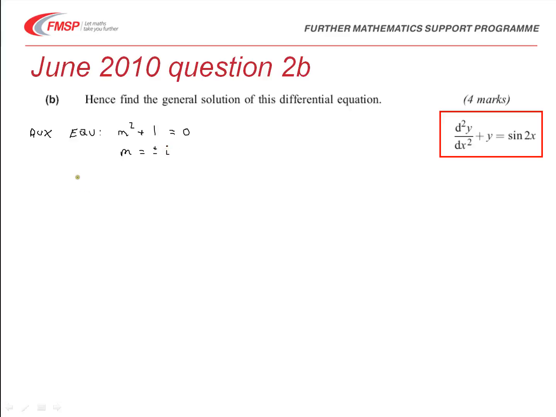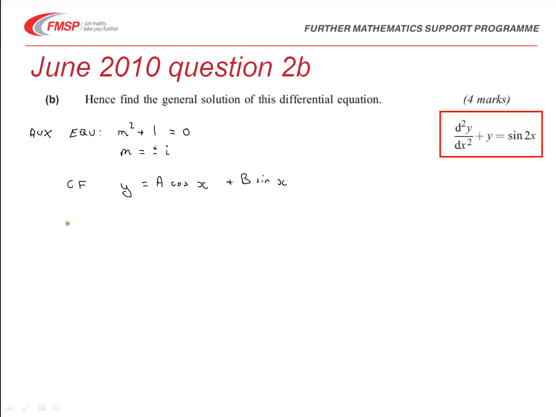And you remember the complex solution then implies that our complementary function will be equal to some multiple a of the cosine, and similarly plus b sine, and the number of x's involved is determined by the coefficient of the plus or minus i. Well, there's only one i in this case, so this will just become a cos x plus b sin x as the complementary function.